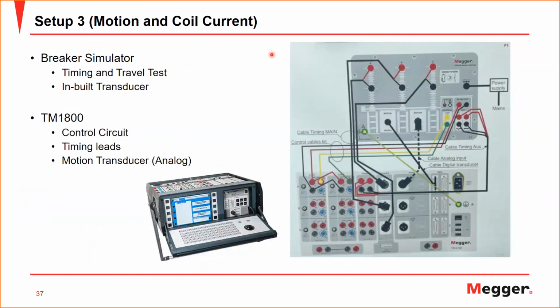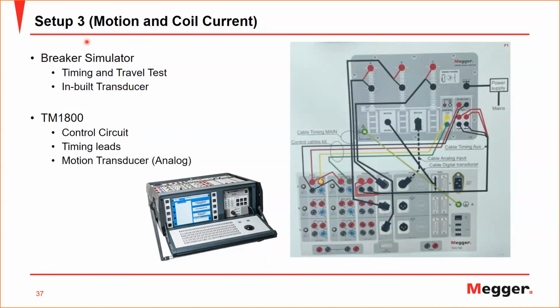So for the motion test and later on also for the coil current test using the same setup, I will be using our breaker simulator. It's called BRS 503. It's just a simulator of a breaker that we can do timing and a travel test in at the same time. And it also has an inbuilt transducer.